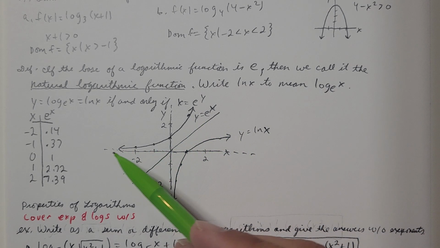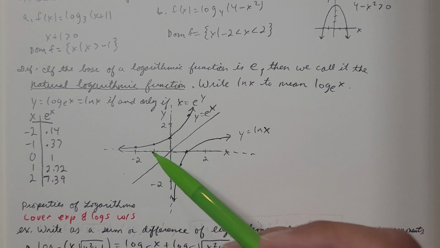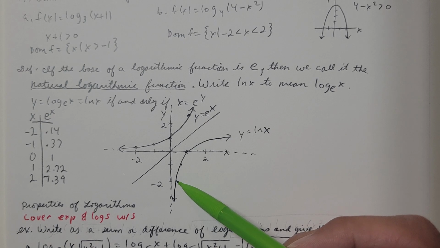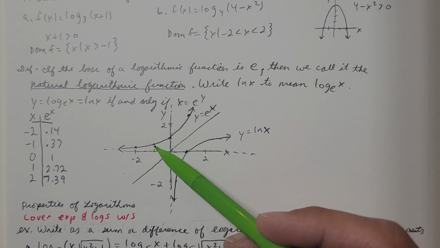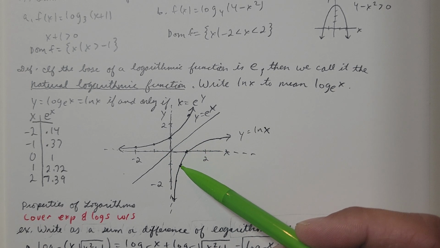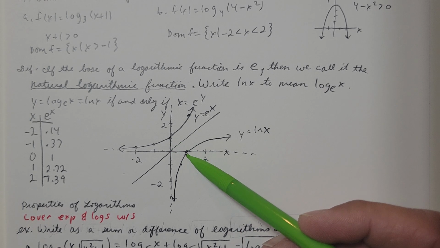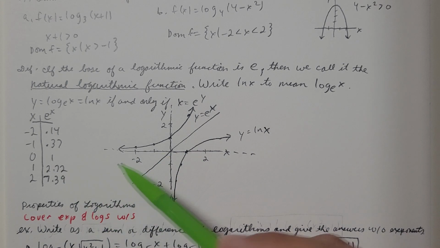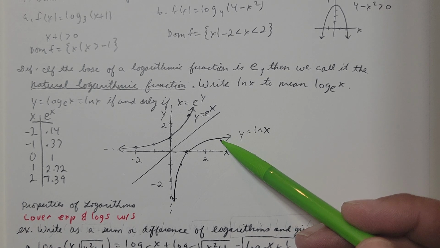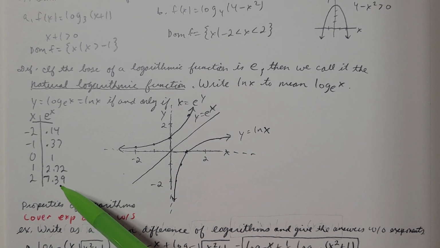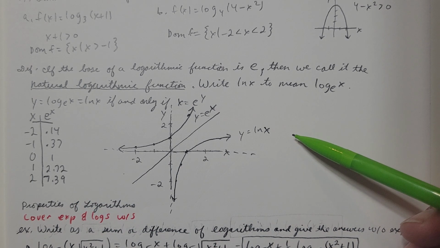So let's go ahead and switch all these coordinates and we'll plot the new points. -2, 0.14 is going to be at 0.14, -2. -1, 0.37 is going to be at 0.37, -1. 0, 1 is going to be at 1, 0. 1, e is going to be at e, 1. And then 2, 7.39 is going to be at 7.39, 2. That's off the scale here.